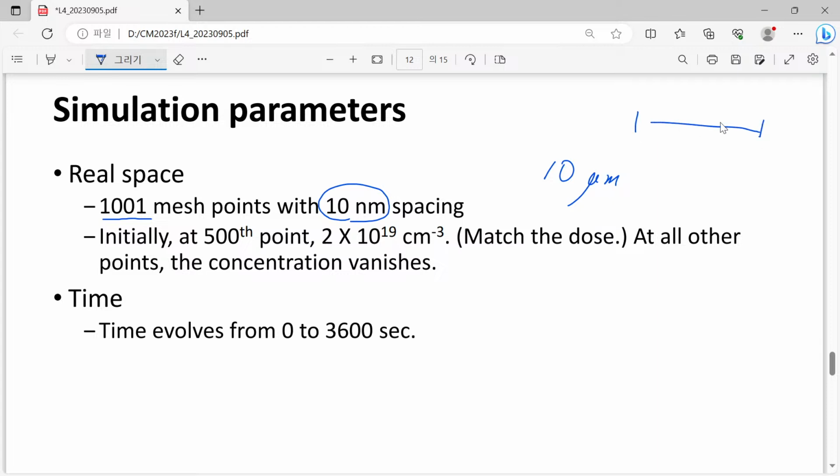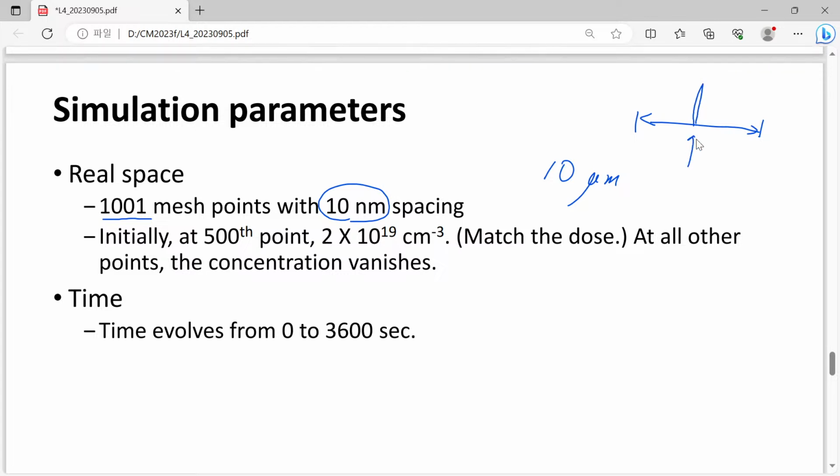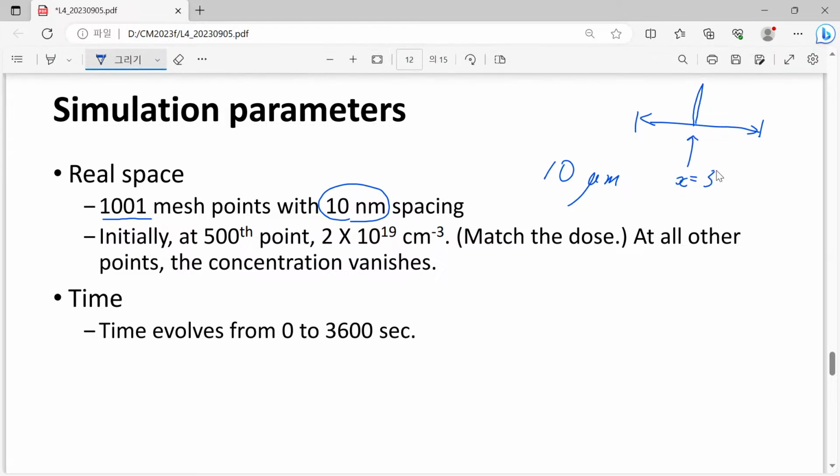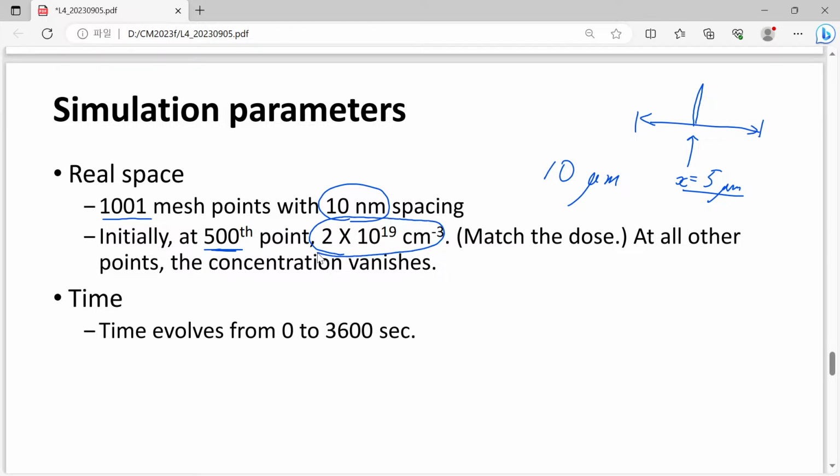And let's assume that your initial dopant is just concentrated at x equal to 5 micrometers. So quite simply, at the 500th point, you have the initial dopant density of 2 times 10^19 per cubic centimeter.